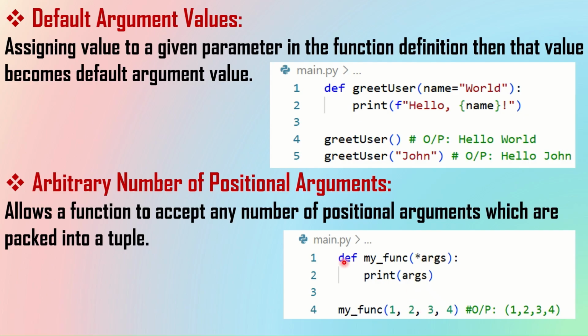Whenever we try to utilize those star args inside our function definition, the values are always packed into a tuple. Here you can see in the output, whenever I call this function, I forgot to mention the print statement whenever I was calling this function.